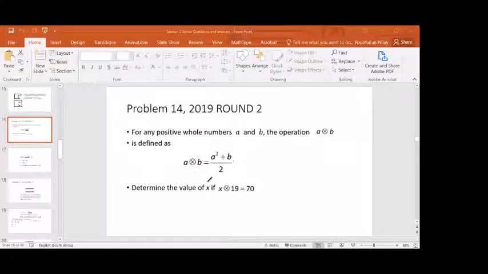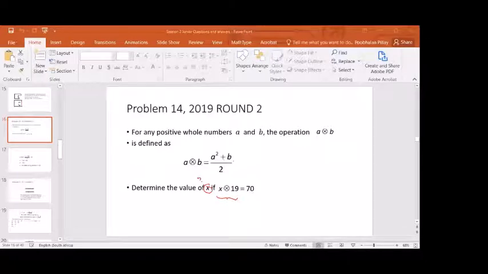So the problem is to determine the value of x. This x is your unknown. And the question is, find the value of x. But you've got this equation here. You can see it's equal to 70. We know how to work this out because there is a way of doing it.